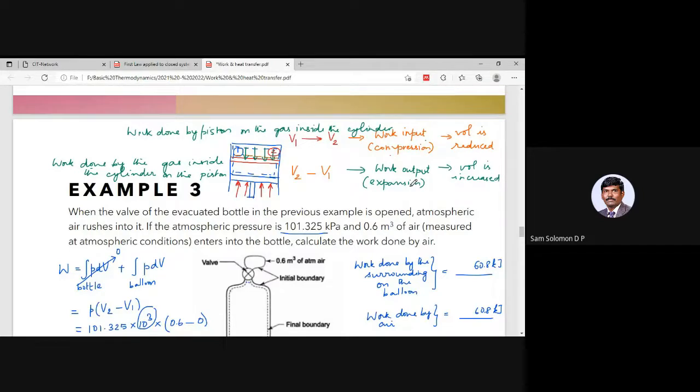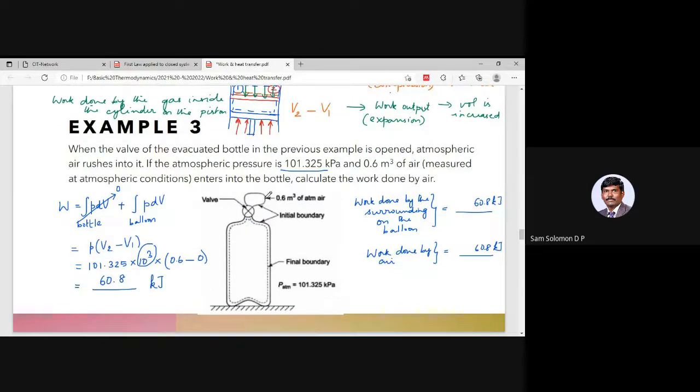Okay. So now come to this example. What happens to this balloon? Is there an increase in volume or a reduction in volume? In this case, it is a work input. So if it is work done by the surrounding on the balloon, that would be positive. The work done by the air inside this balloon is going to be negative, because as this air is coming out, the volume is shrinking.